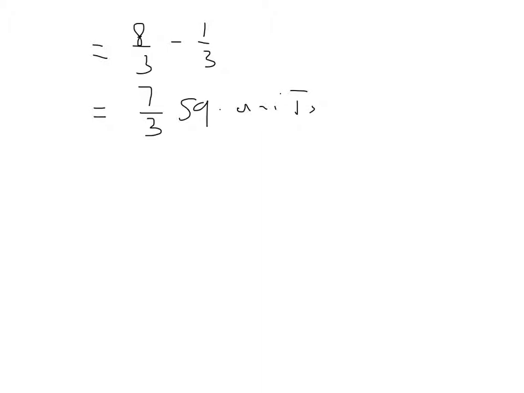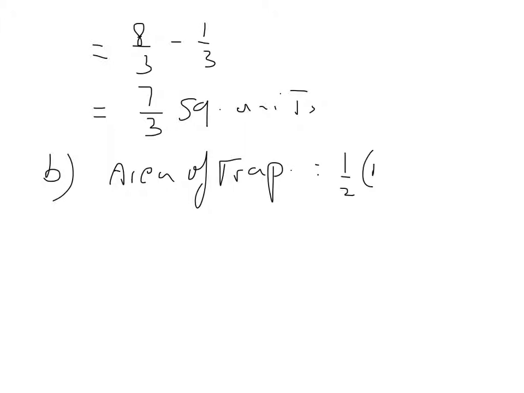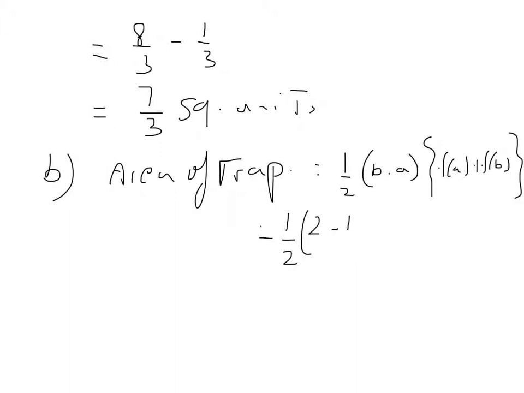Now if we use the second part, the area of a trapezium, using one application of the trapezoidal rule, we get a half times b minus a, bracket, f of a plus f of b. So it's a half times 2 minus 1, f of 1 plus f of 2.